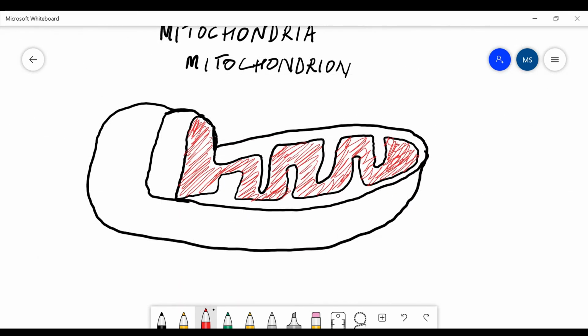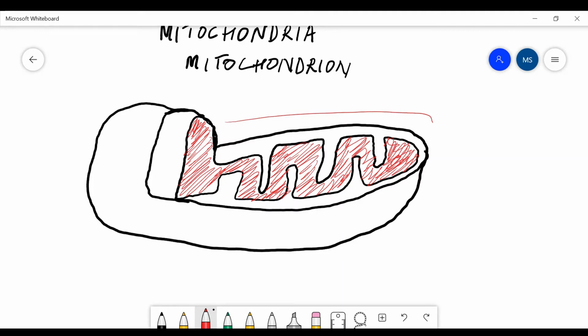Okay, so here you can see the shape. It clearly shows that it is sausage shaped, or cylindrical. This is the portion which is cut out and the inner view of the mitochondria is shown.